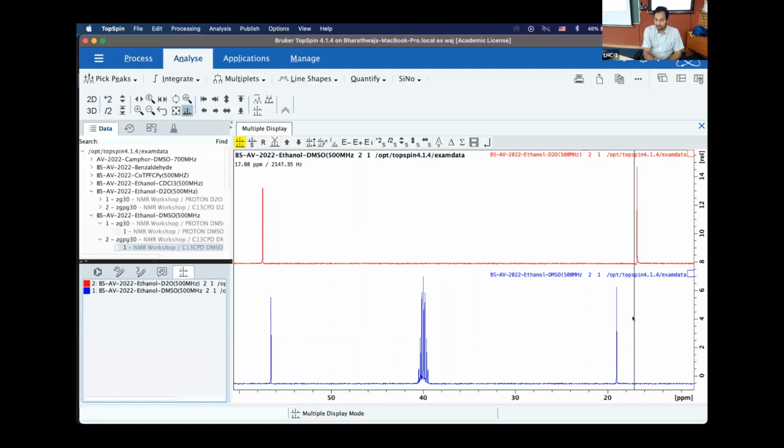The methyl carbon is quite shifted, while the methylene carbon is less shifted. On the other hand, proton was opposite. The methylene protons were more shifted than the methyl protons because they were directly attached to the hydroxyl. So all this put together gives you complicated information on how the electronic environment changes upon any chemical changes that happen in your molecule.